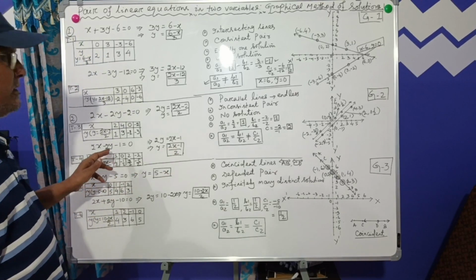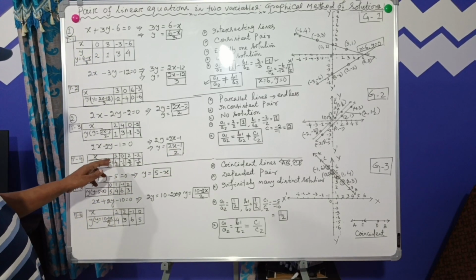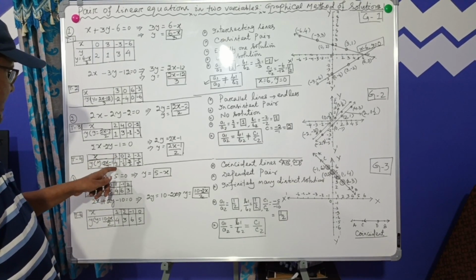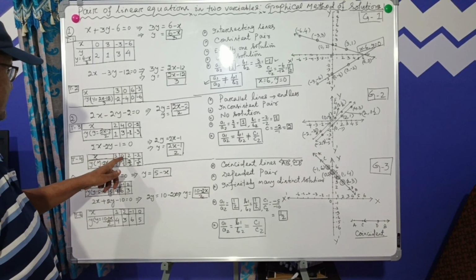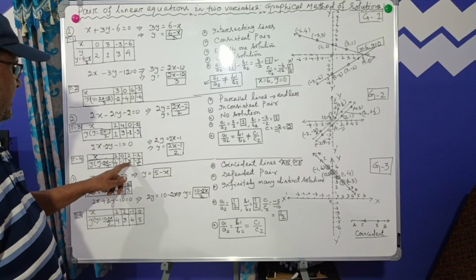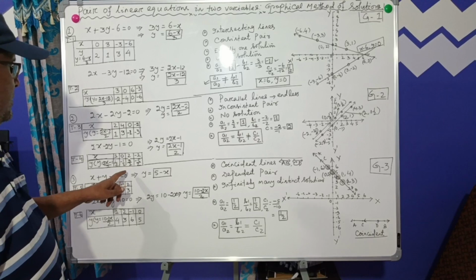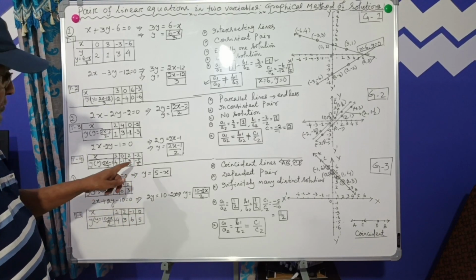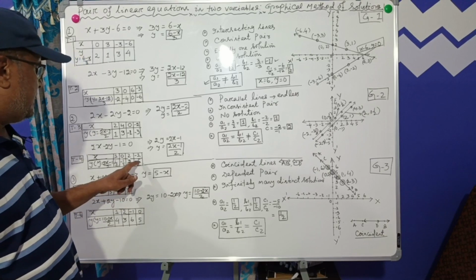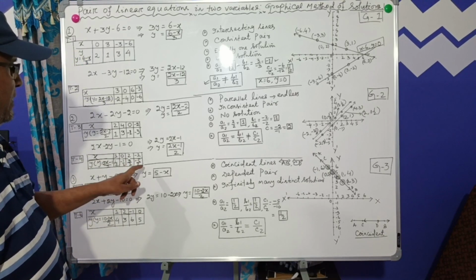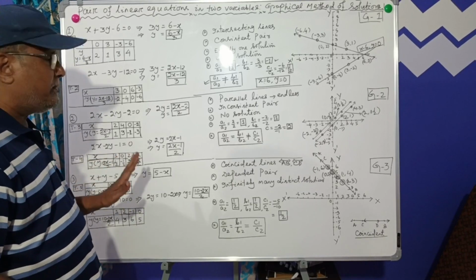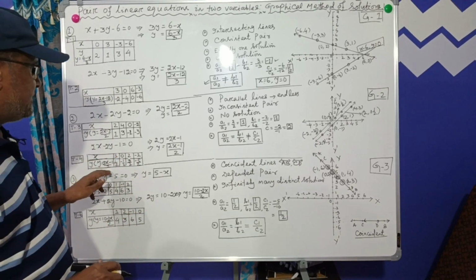So the values of x and y reflected in the table are: x 1, y half; x 0, y minus half; x 2, y 3 by 2; and x minus 2, y minus 5 by 2, that is minus 2.5. Okay, so these are the values of x and y reflected in this table.